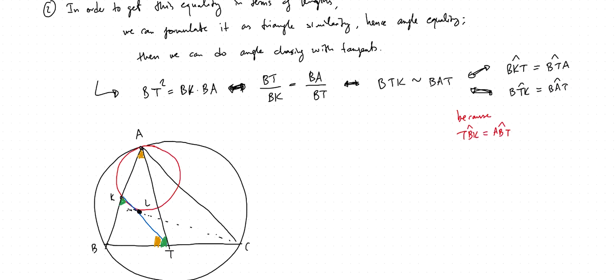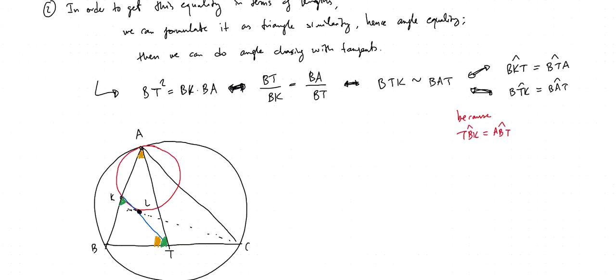Then these green and orange angle equalities are simply angle chasing with tangent lines. The orange angles are the angles that see the arc KT, and the green angles are the angles that see the arc AT. This is an alternative way to think in terms of triangle similarity.